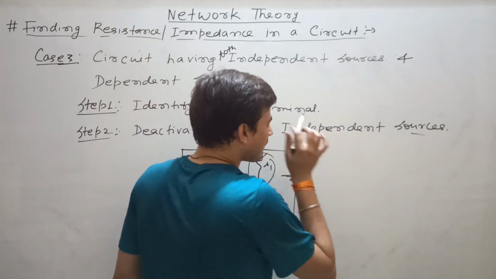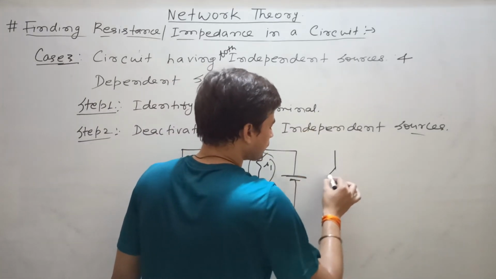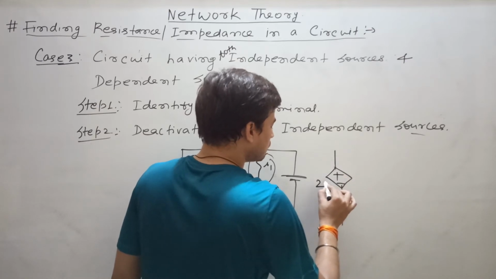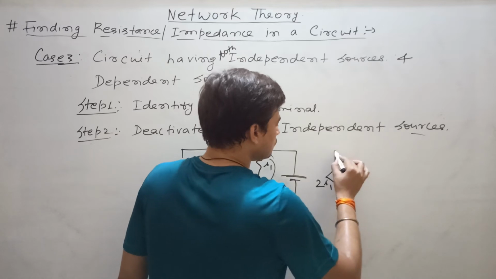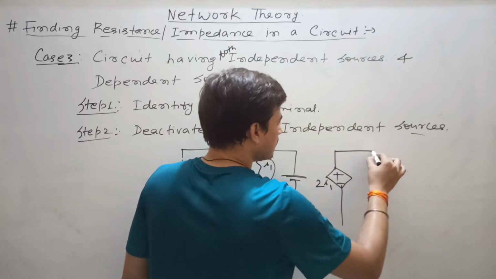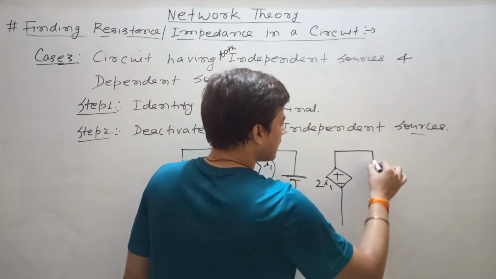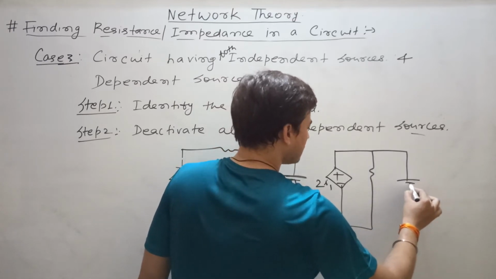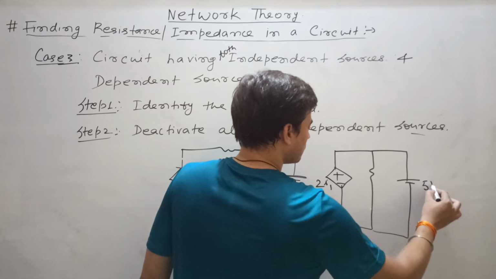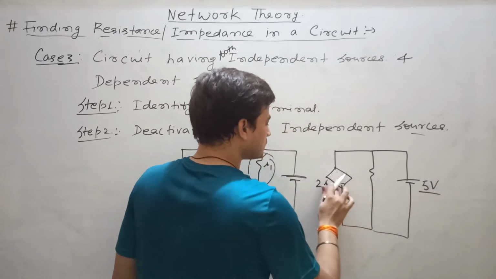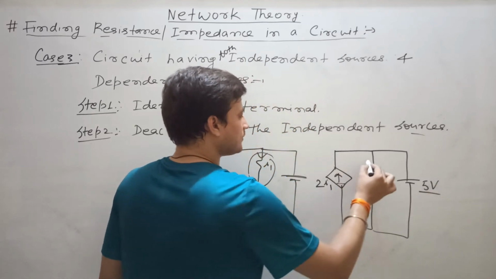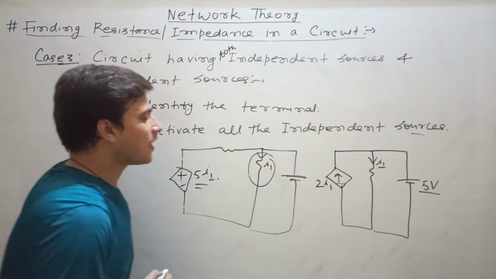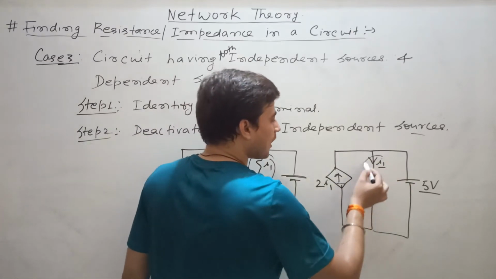Suppose you are having a branch like this, it is 2I1. And now you will see that you are having a resistance, and here it is 5 volt. Suppose this is the current source, and this current is I1. Here I1 will be how much?